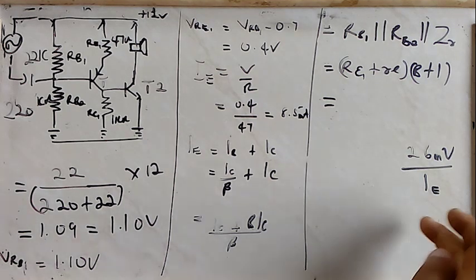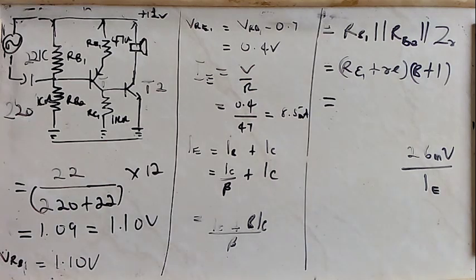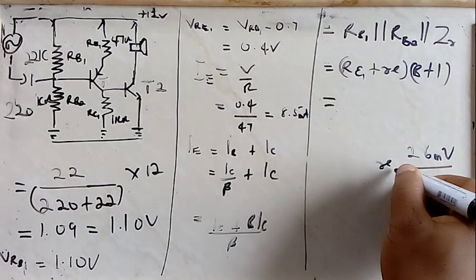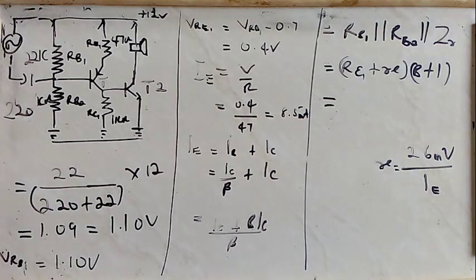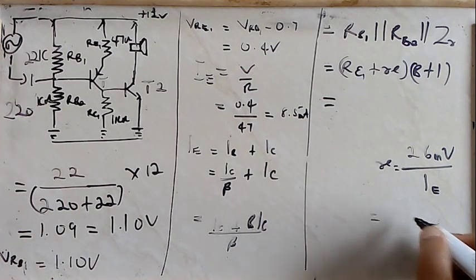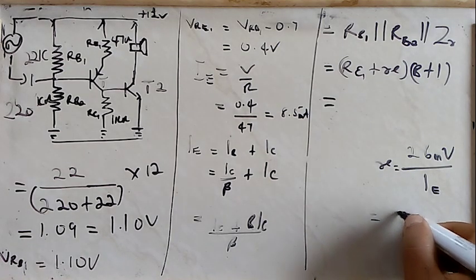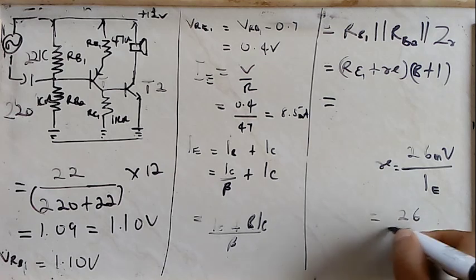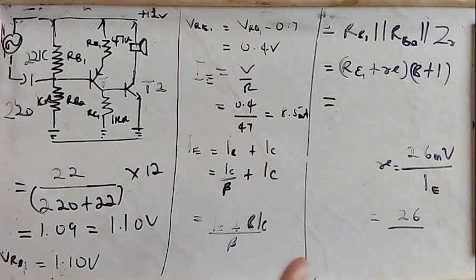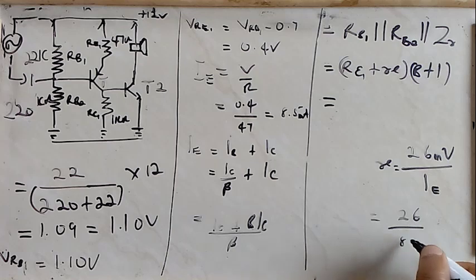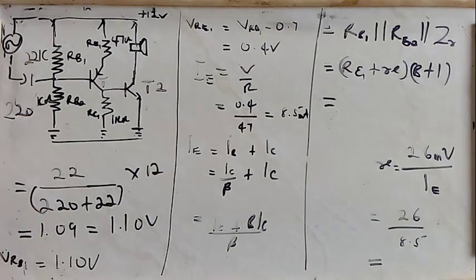So let's quickly find our RE. Our RE under this circumstance is 26 millivolts over our emitter current, which is 8.5 milliamperes, which gives us a value of approximately 3 ohms.